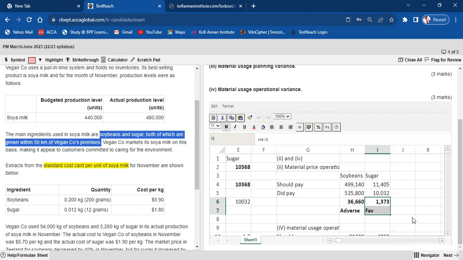Looking at the content of sugar, it may appear that sugar is not as important as soybeans. That was why he probably was able to source it at a lower price than the revised budget. But the very important soybeans, he might have struggled due to the distance. What? Why? What? Why? That's the essence of writing narratives for performance evaluation questions.